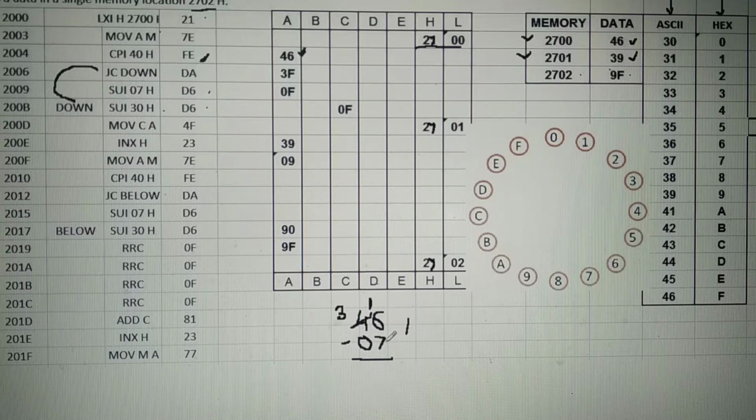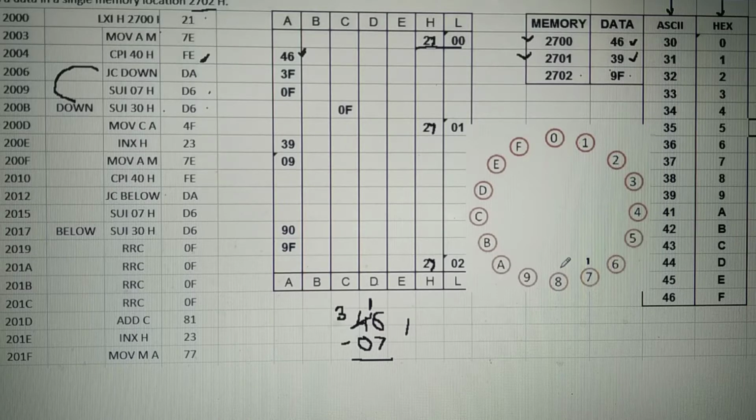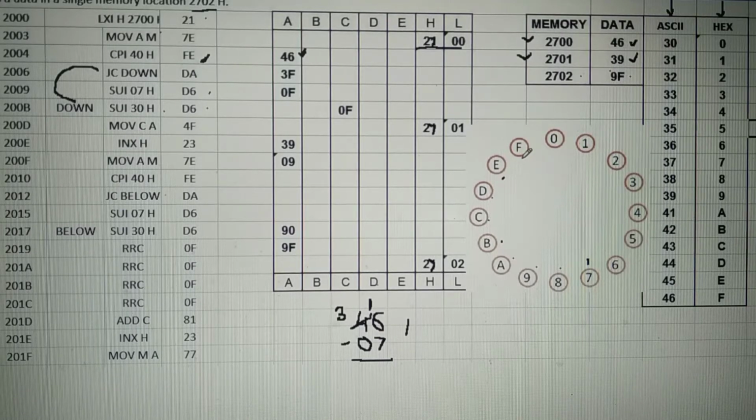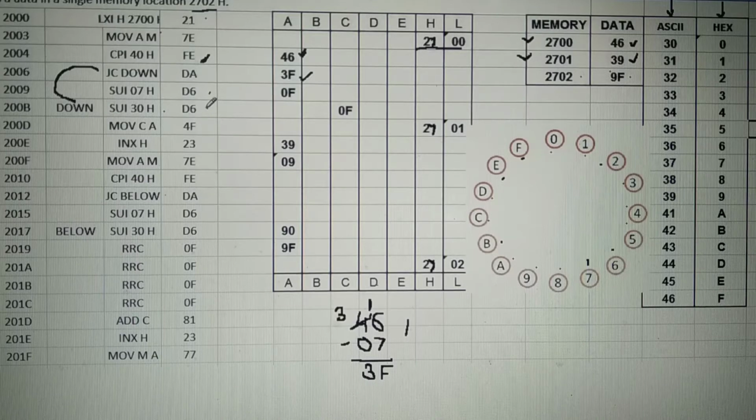From 7 count up to 16: 1, 2, 3, 4, 5, 6, 7, 8, 9, A, B, C, D, E, F. Here you will get F, and 3 minus 0 you will get 3. The answer is 3F. And from that you have to subtract 30. The answer is F. It acts as the least significant digit.